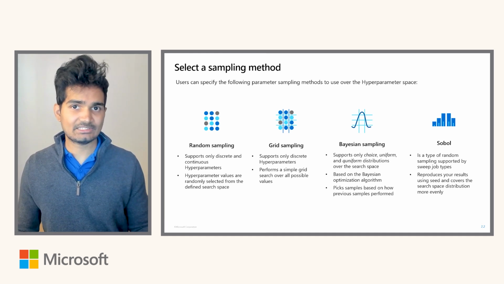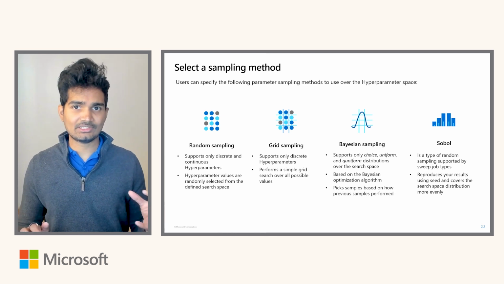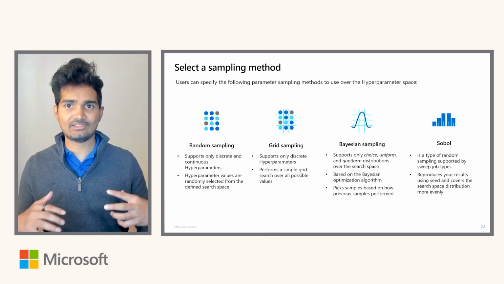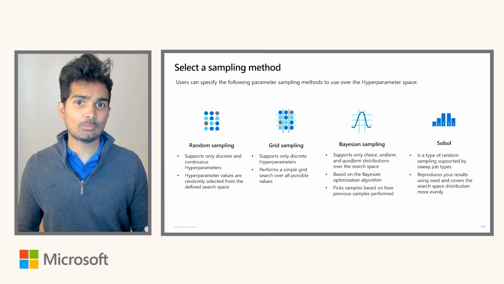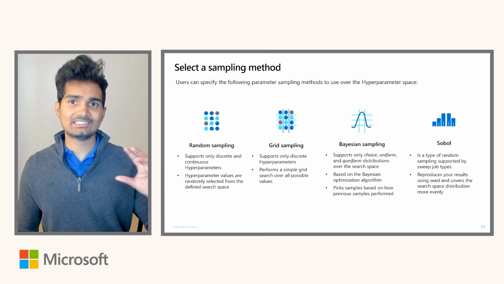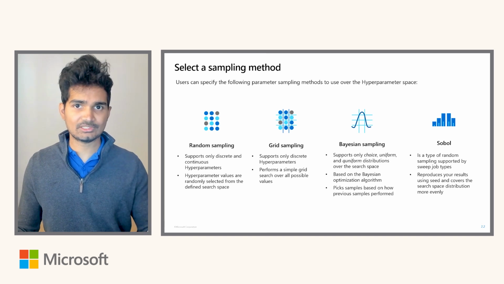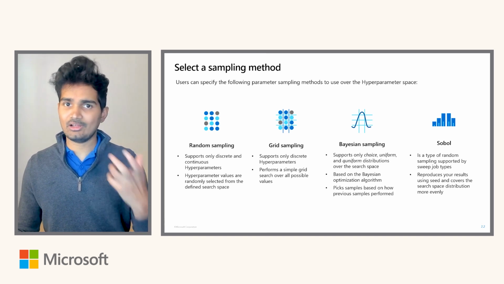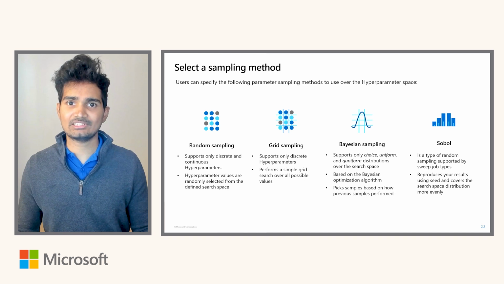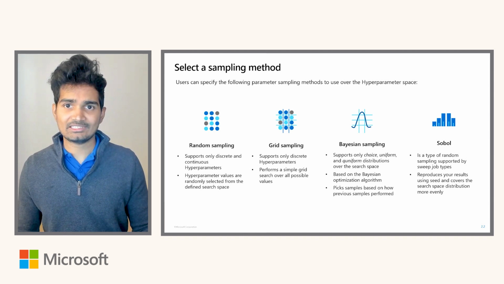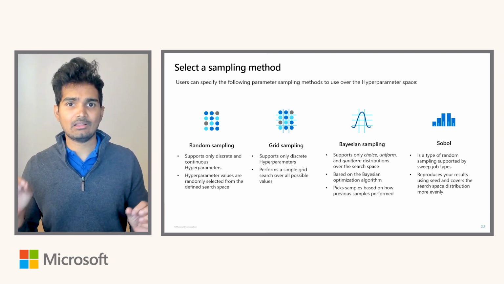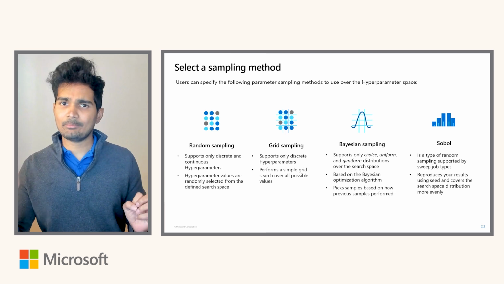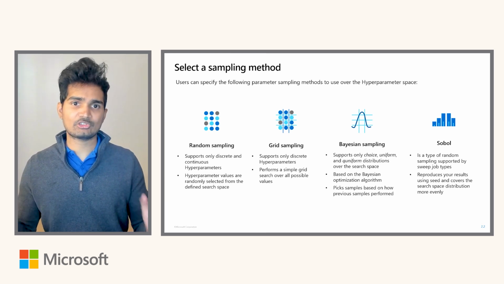Then there's Bayesian sampling, which utilizes Bayesian optimization techniques to efficiently navigate the hyperparameter space. And then there's Sobol sampling, which generates samples using Sobol sequences, which are a type of low discrepancy sequence. These methods are essential for efficiently exploring hyperparameter space, allowing for improved model performance with fewer trials.